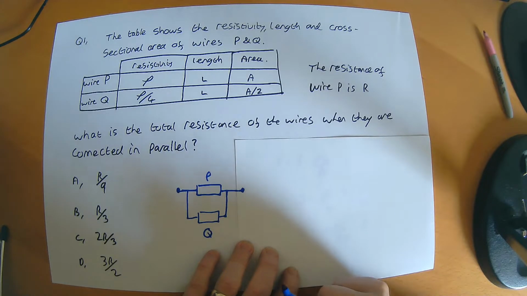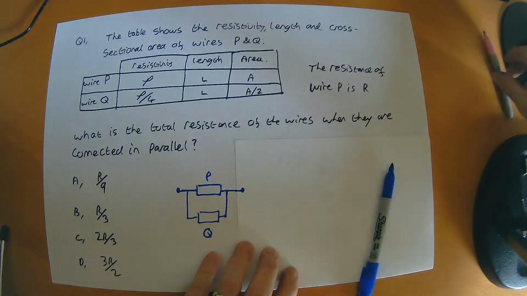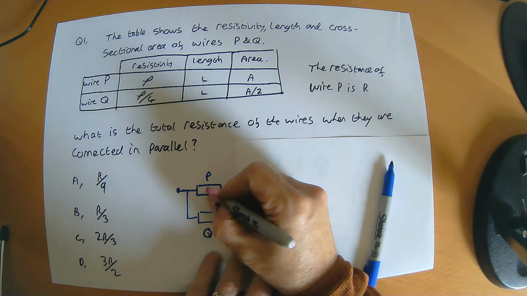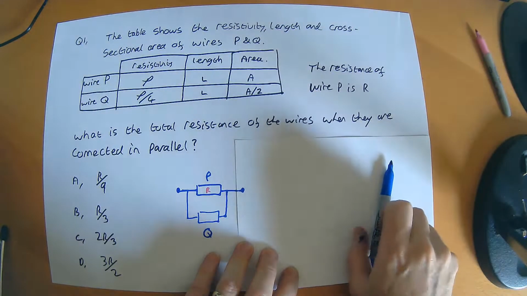In this question then, we have two resistors and they are in parallel, P and Q. We know that the resistance of P is R. We need to find the resistance of Q by comparing it with that.